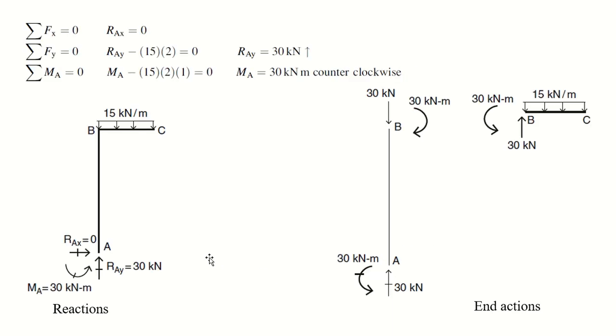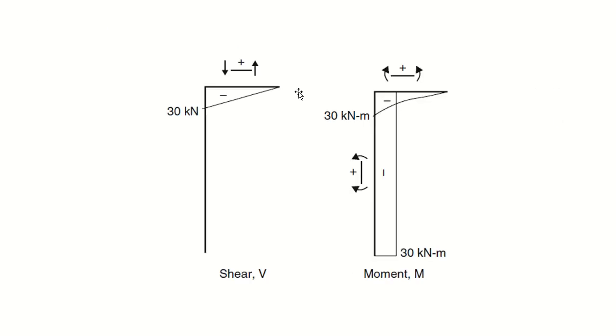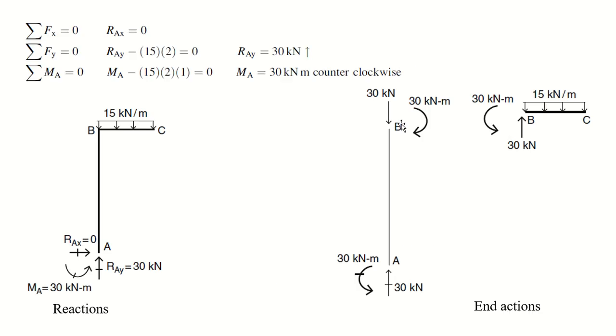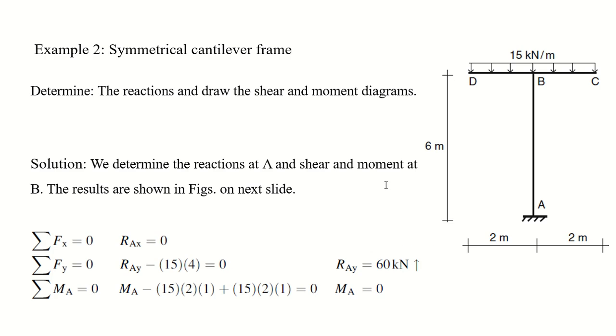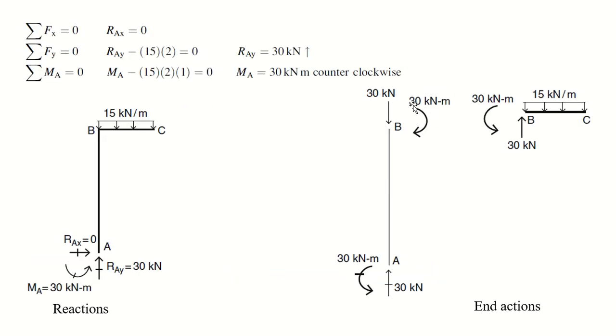So this is your shear force diagram for the beam, and there is no shear force in the column. Similarly in the bending moment diagram in the beam, from the shear force diagram, if the shear diagram is 1 degree, then the moment diagram will be 2 degree, and you know the magnitude, 30 kilonewton meter, so it is like this. And there is a 30 kilonewton meter constant bending moment in the column.